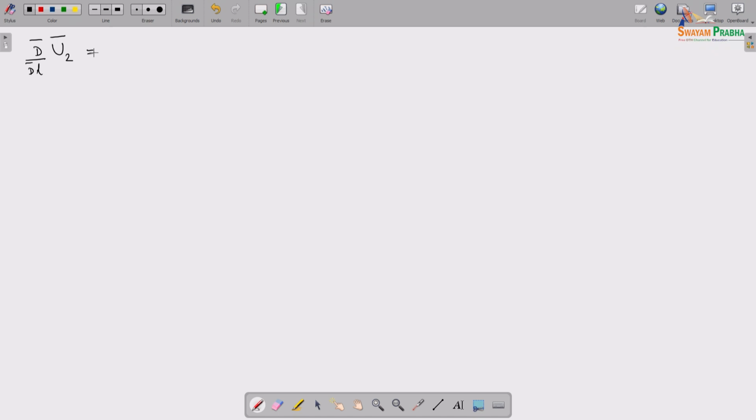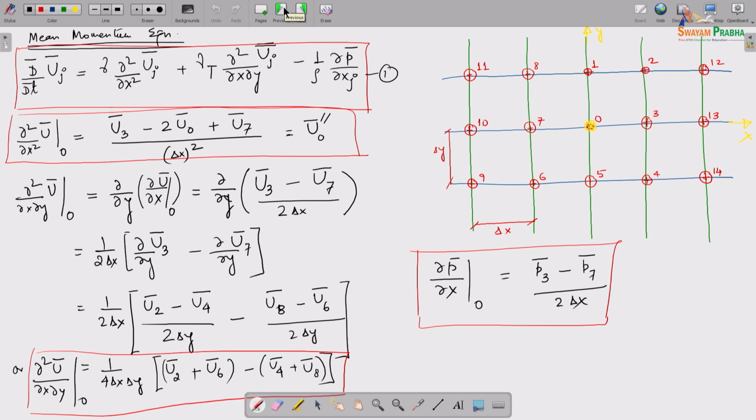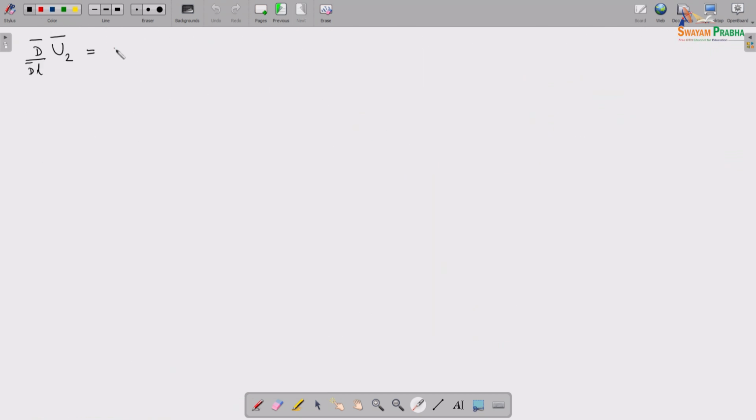Now, the first one, if you look at your equation, it is the derivative in the x direction, and I am looking at the point 2. So I need to go to 12 and 1. It should not be an issue. So it is going to be delta x square, u12 minus 2 u2 plus u1.